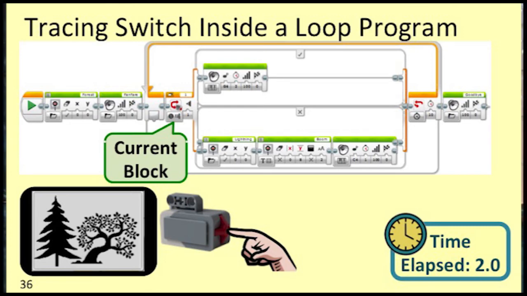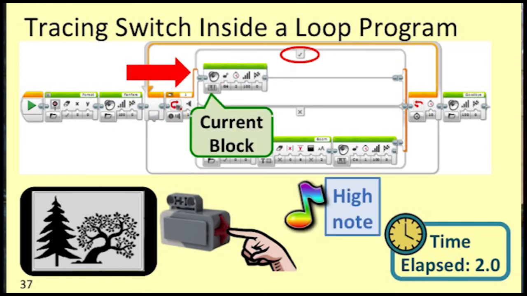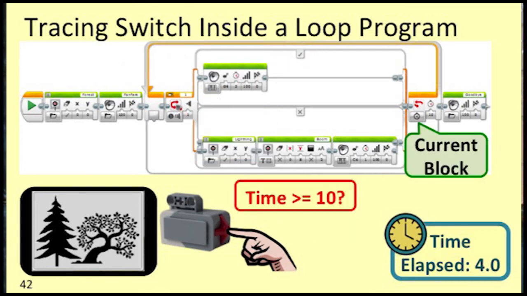But the EV3 just follows the program, and the program tells it to check the touch sensor and see what its state is right now. And right now, it's pressed. So we take the top path again. And another 2 seconds pass while we play that high note again. And then we're at the end of the loop again, ready to check whether 10 seconds have elapsed.